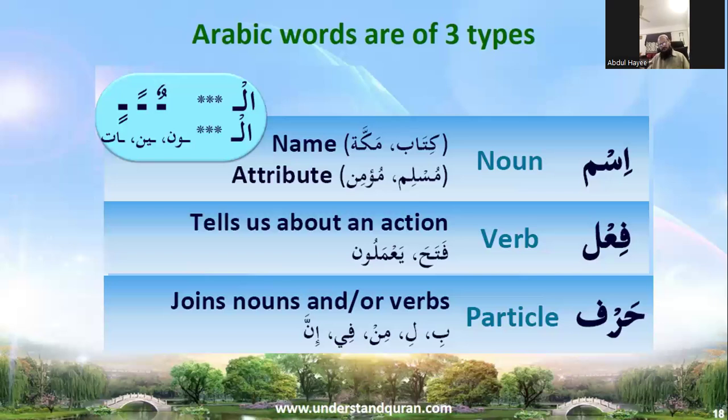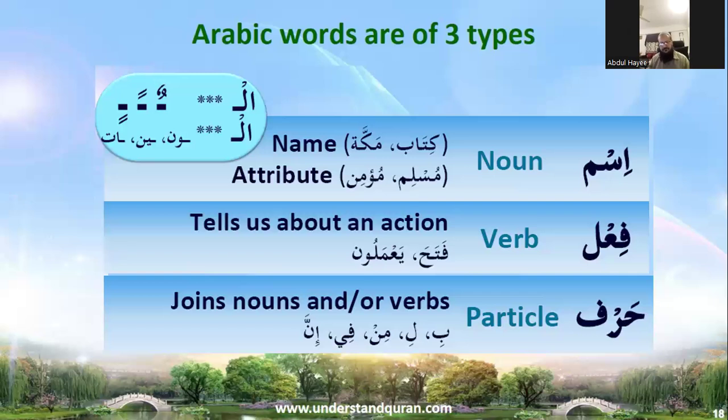For us to understand ism in Arabic, there are some easy ways to understand that. You have alif lam. Anytime you see an alif lam, it will be a good indication that it is an ism. Then you also have tanween. Tanween is dammatain, fathatain, or kasratain. When you have any of this tanween, it's also an indication that it is an ism.